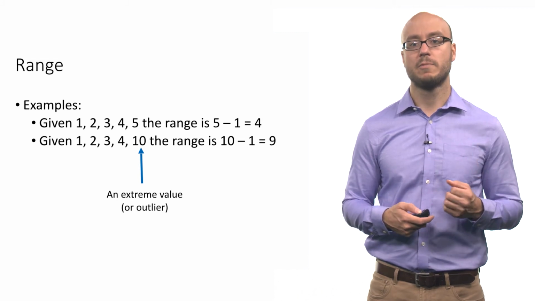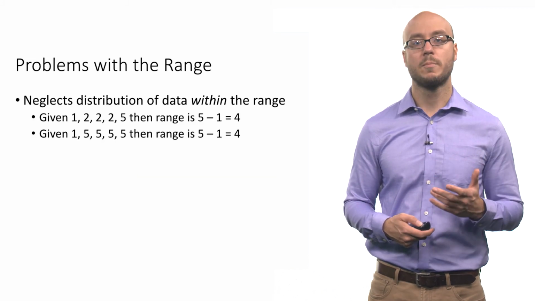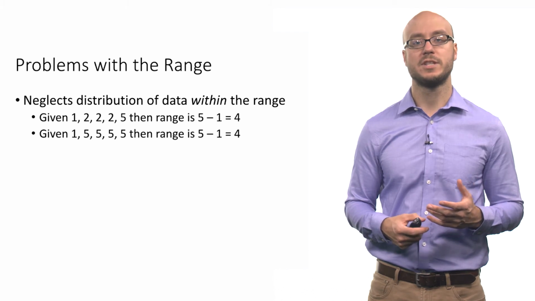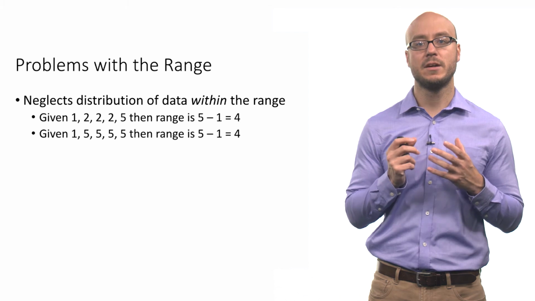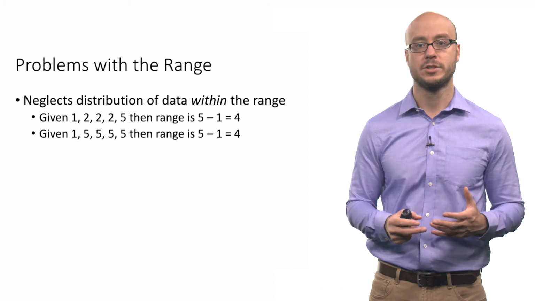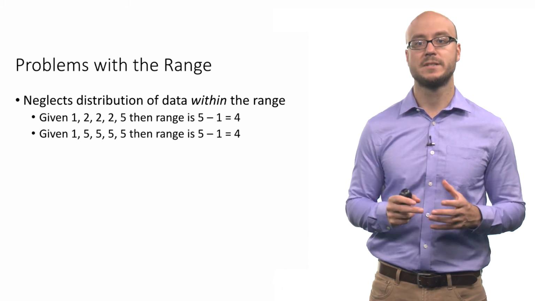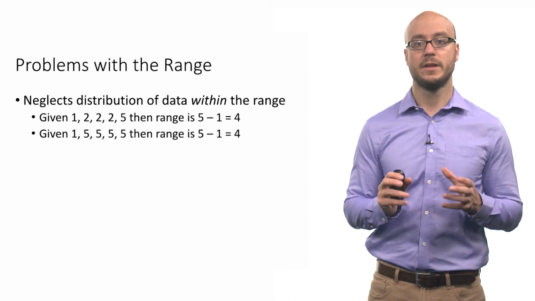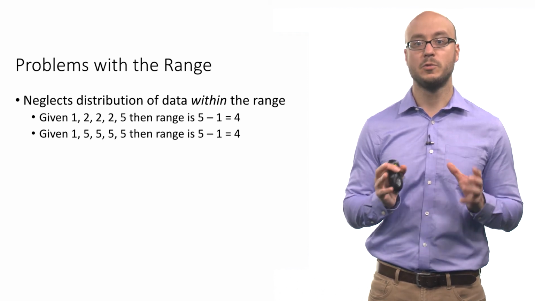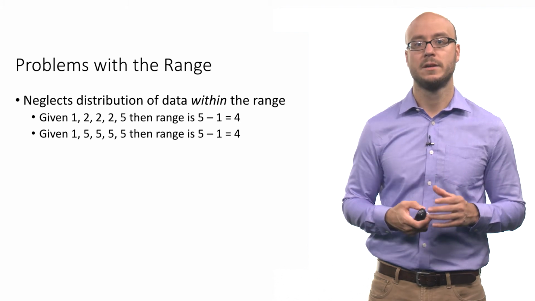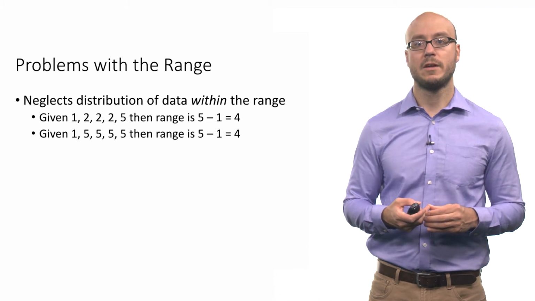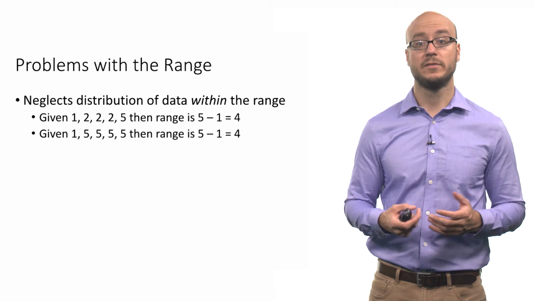That is a relevant point, however, because one problem with the range is that by looking at those two endpoints, it's neglecting the data within the range. Since the range is based on the maximum and minimum values, those two endpoints, there could be variability within that range that is effectively ignored.